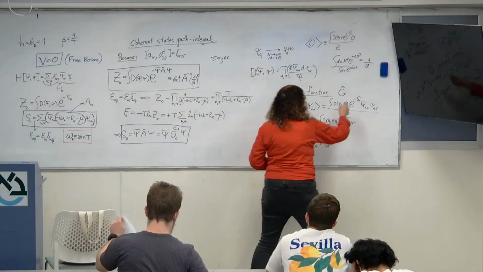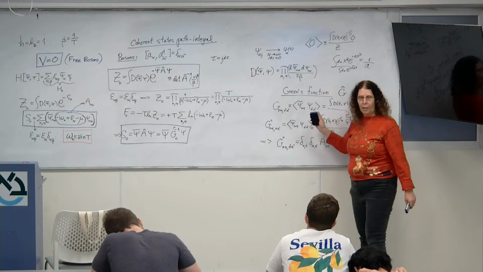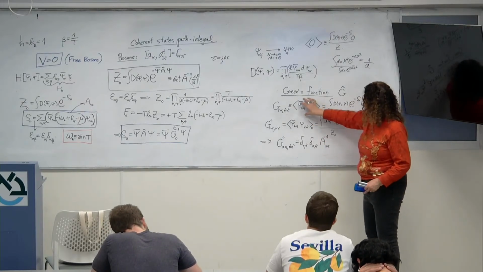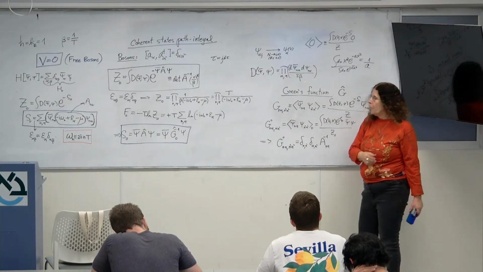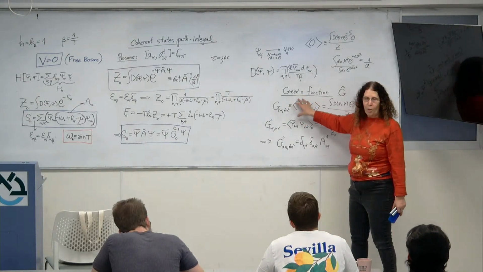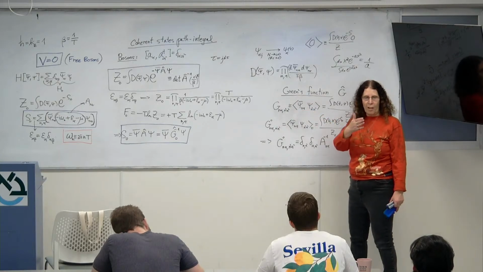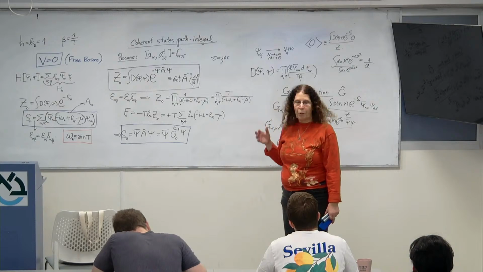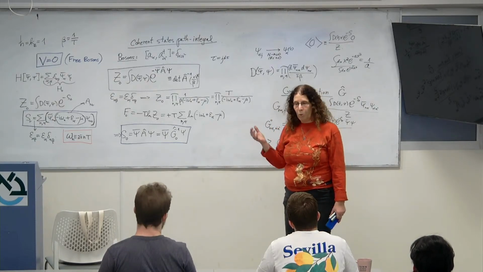Okay, very good. So now let's see, why did I define the Green's function? First of all, it's important to notice that a lot of physical quantities can be expressed as expectation values of some combinations of psi and psi dagger. For example, suppose we want to treat the interaction perturbatively. What do we have to do?